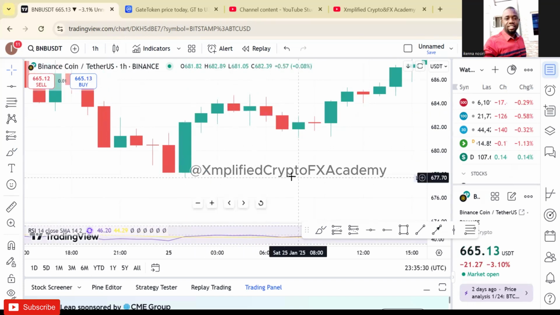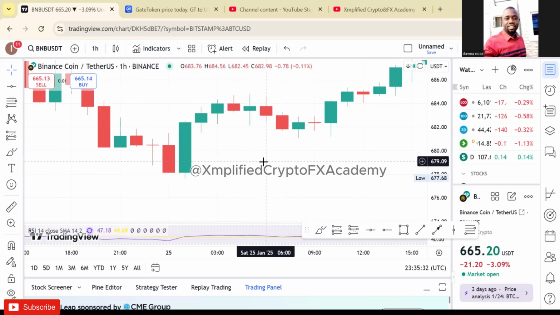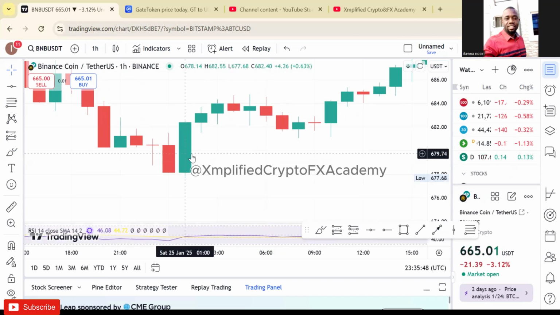And again, I said that we have two types of candles. We have the green candle and we have the red candle. What does the green candle interpret? The green candle tells us that this is a buying candle, a buying momentum.